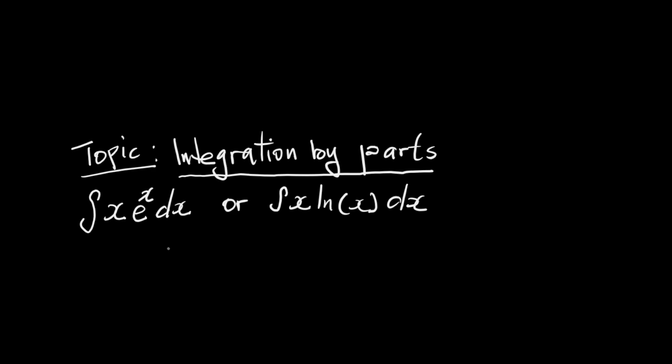Let's look at the formula. Integral u dv is equal to uv minus integral v du.